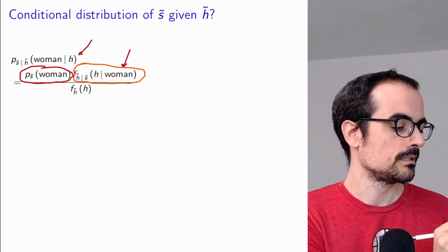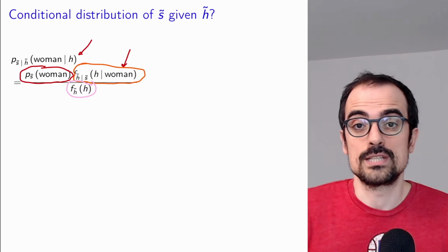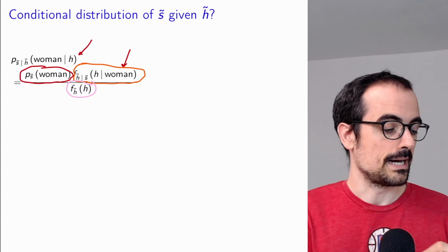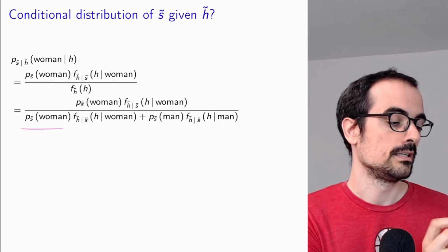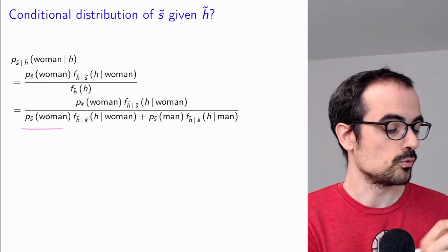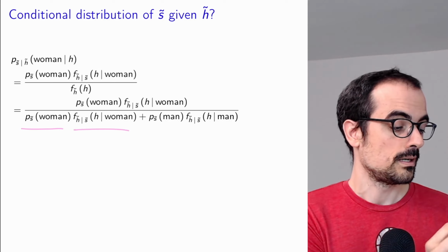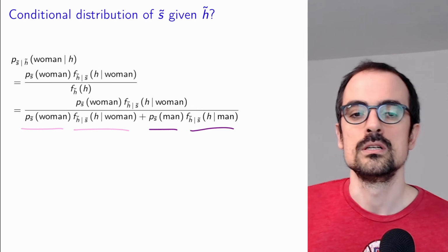And finally, this pink term in the denominator, this is the Gaussian mixture model, right? We have seen that we can obtain it by combining the PMF of women times the conditional PDF given women plus the PMF of man times the conditional PDF of man.